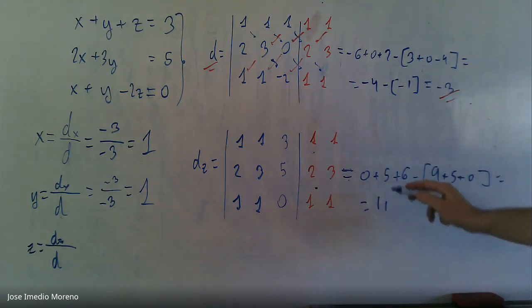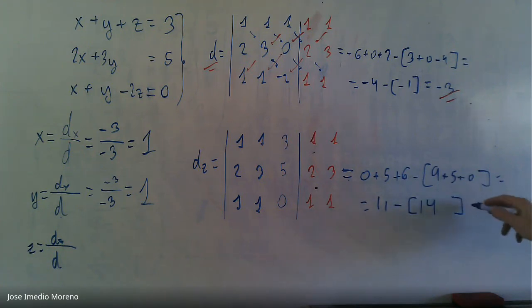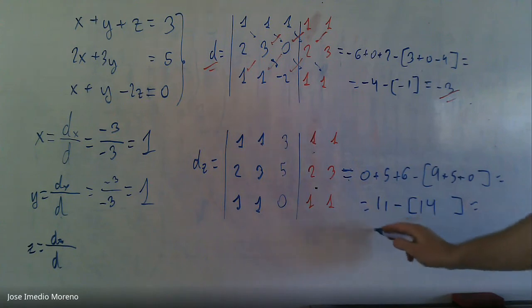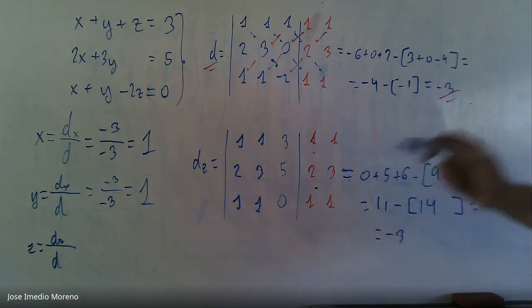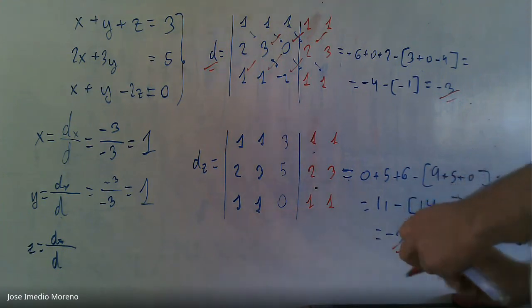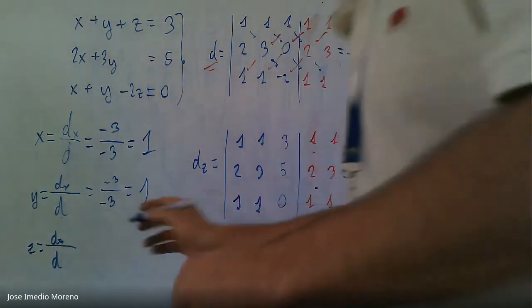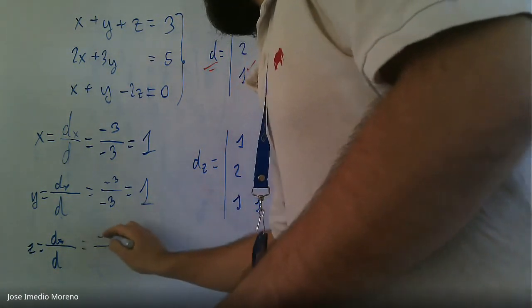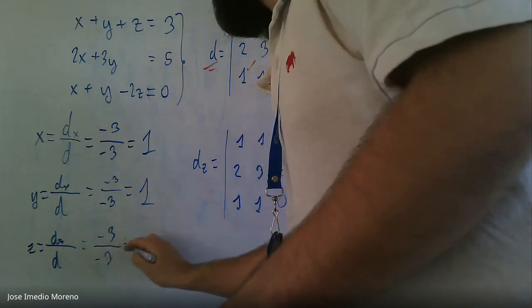So this is 11 minus 14, which once again is minus 3. And this means that this system has 1, 1, 1 as a solution.